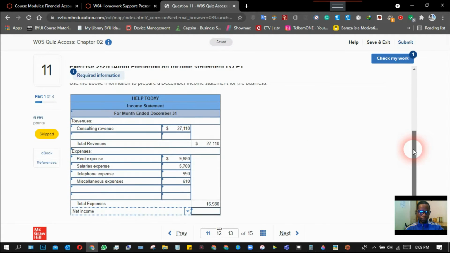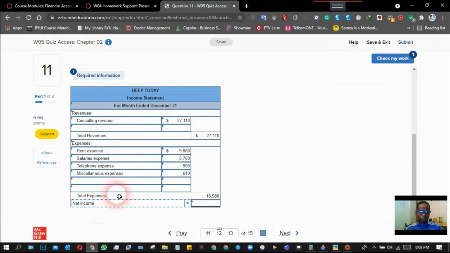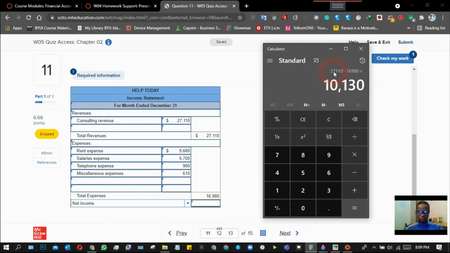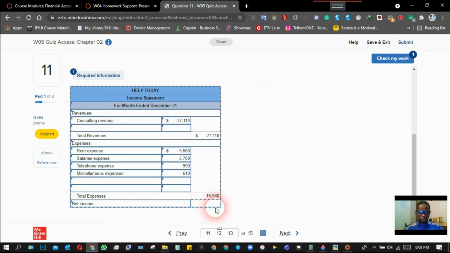Remember, this is the objective of the income statement, to give us the net income. Now if we get the difference between these two, 27,110 minus 16,980 will give us 10,130. Now that will give us the income statement and the net income.